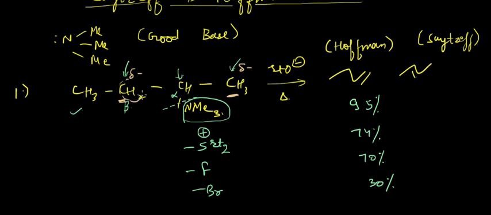Because it has plus I groups attached to itself, right? And which is not there in this case. Hence the carbanion would be more stable at this position. Hence EtO minus will attack the hydrogen from this carbon. As a result, we'll get a negative charge here, and this negative charge will push the bond cleavage between C and the weak leaving group. Okay, as a result, there will be double bond character here, and in the product as well, Hoffman would be seen as a product having high yield, as high as 95% in case of a weak leaving group.